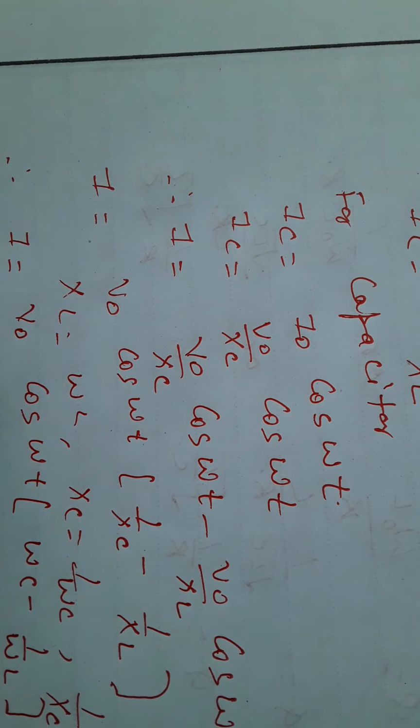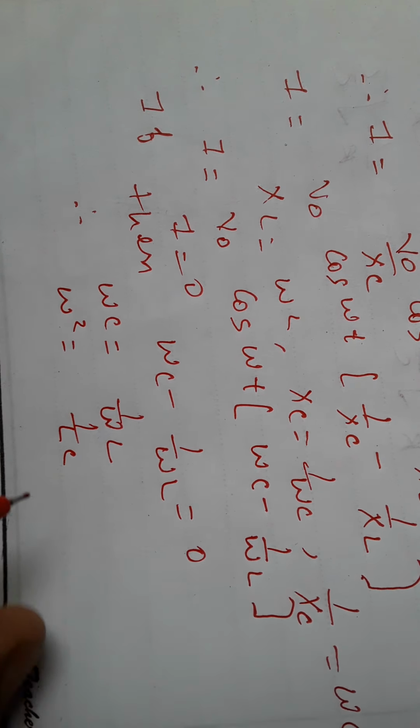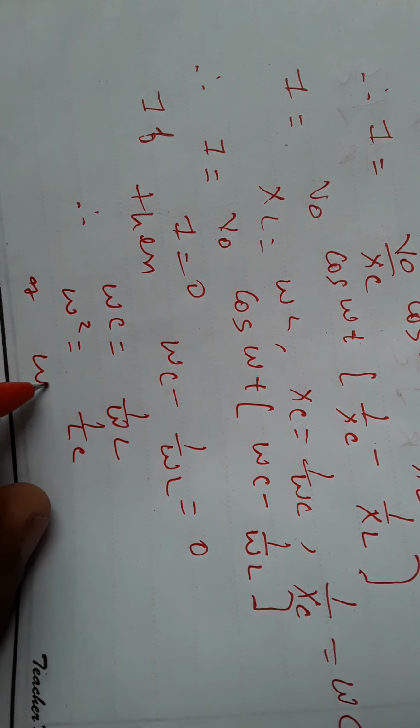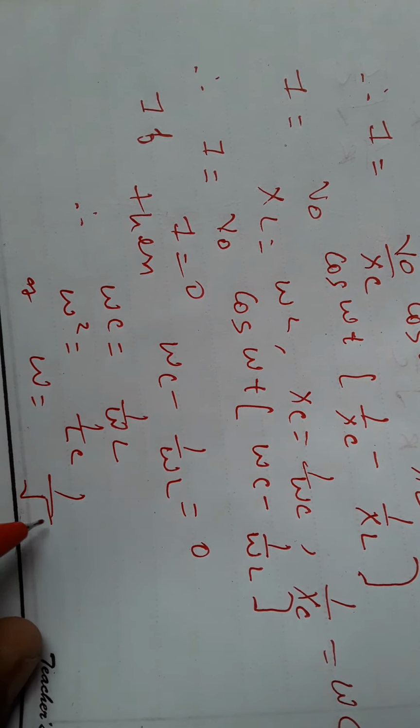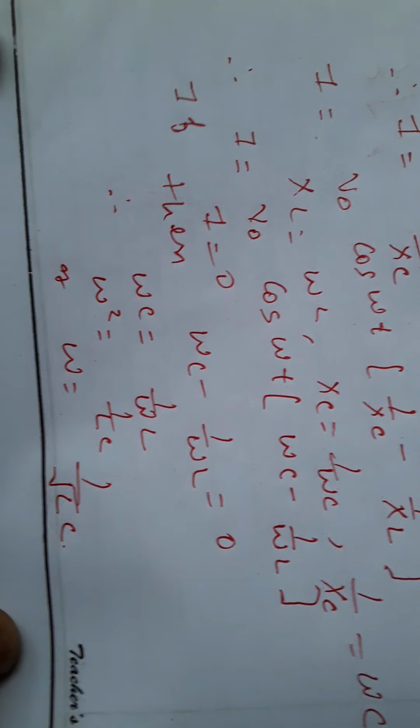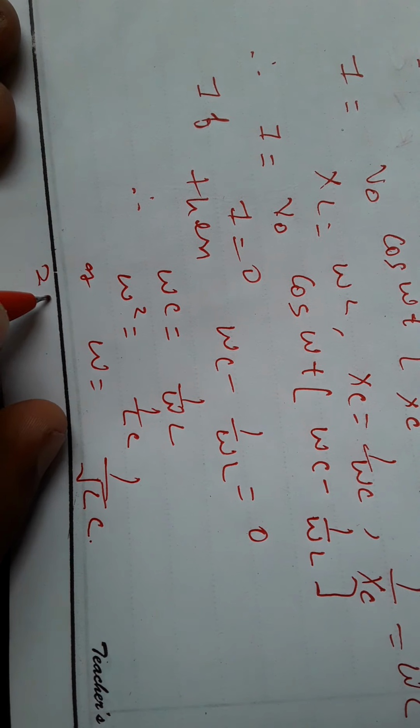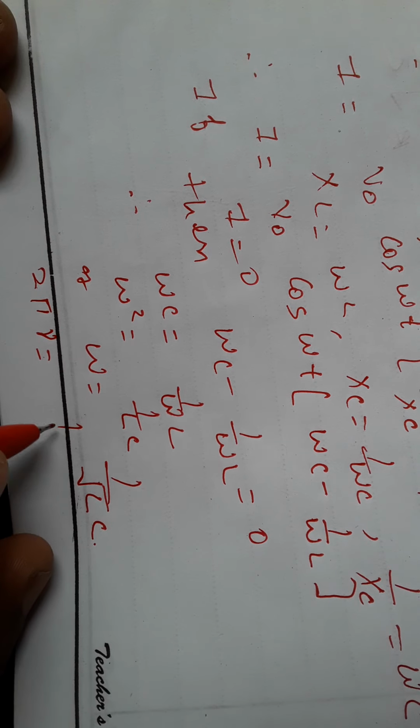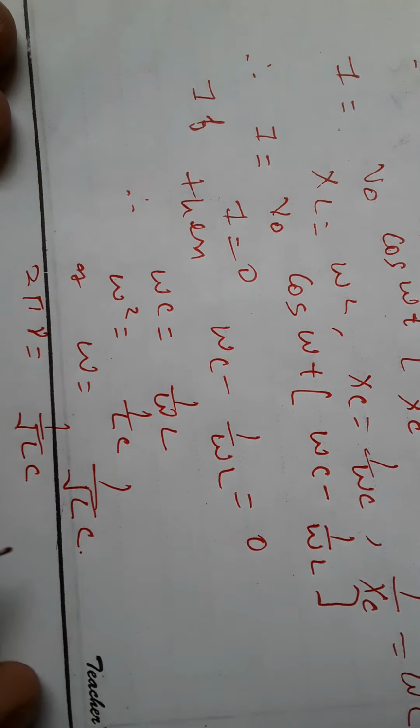We can write omega C is equal to 1 by omega L, or omega square is equal to 1 by LC, or omega is equal to under root 1 by LC. Now we can write omega is 2 pi nu, so 2 pi nu is 1 by under root LC.